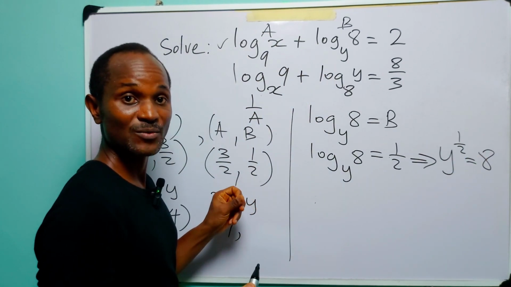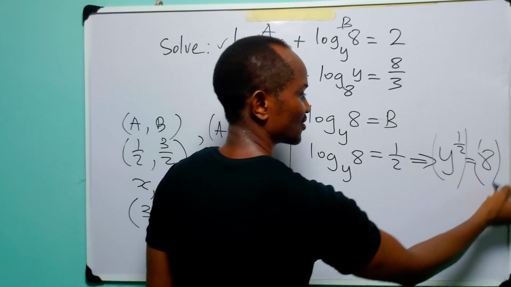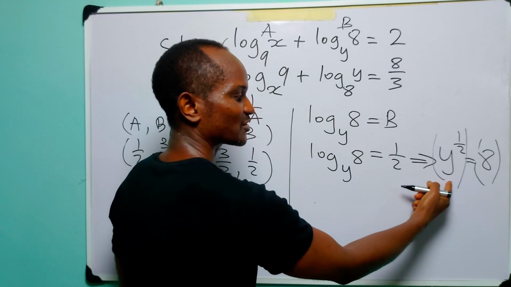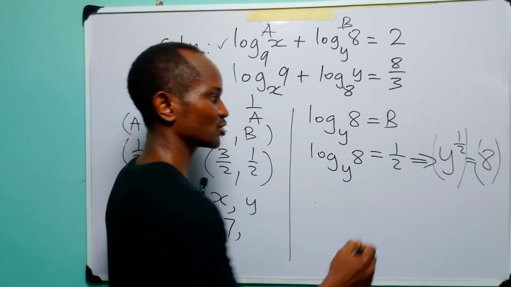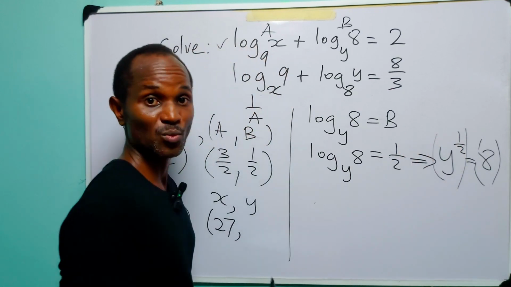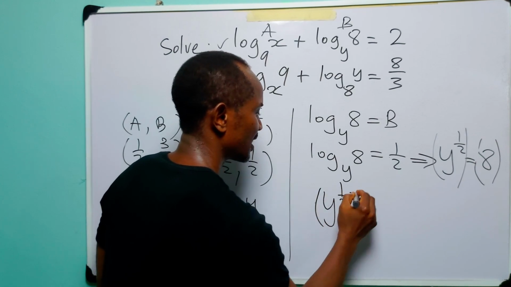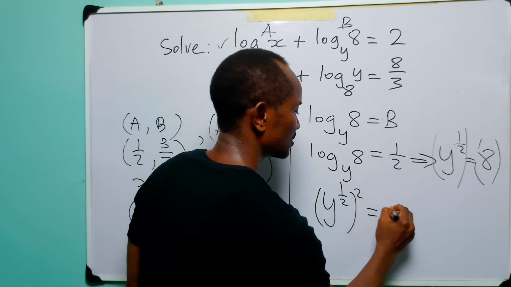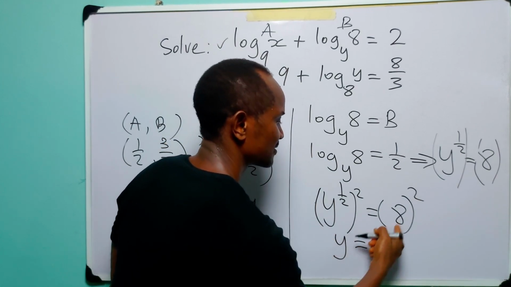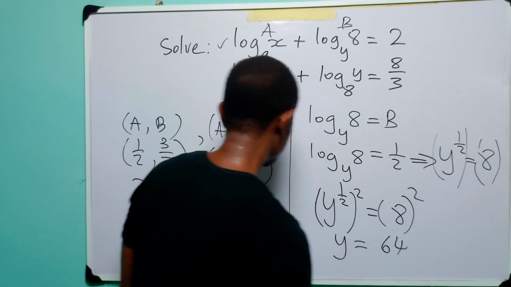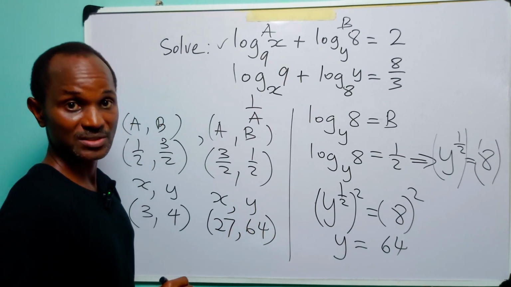Now, we ask ourselves the question again, to what power do we raise both sides of this equation so that the left-hand side, which is y, becomes 1? Of course, that is 2, because you know that 2 times half is 1. So we have that y to the power half squared is equal to 8 squared. And from here, we have that y is equal to 8 squared, which is 64. We have that this value of y is equal to 64.